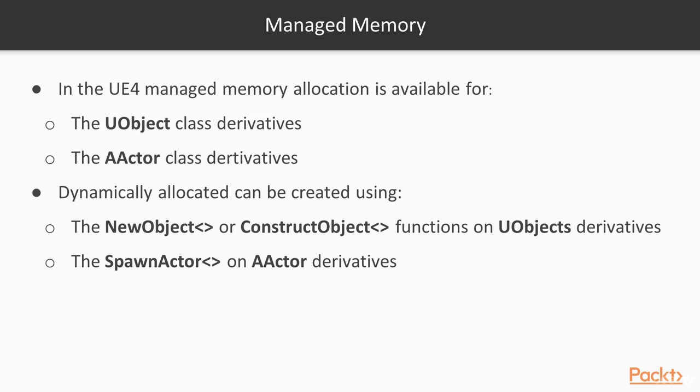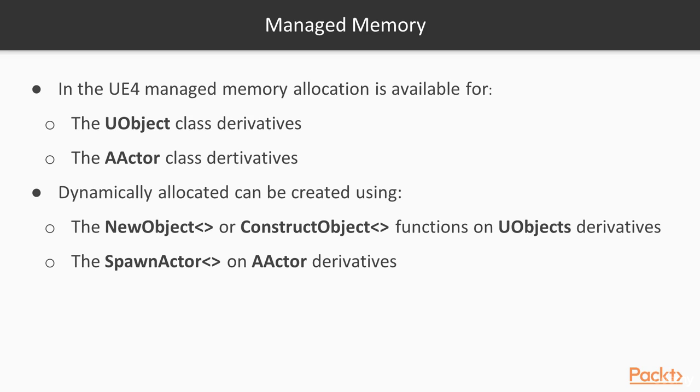Now that we have learned about managed and unmanaged memory and the pros and cons of each, either using the new and delete operators or the malloc and free functions to manually allocate memory for your objects and classes, or using the UObject or AActor class types to create default UE4 managed memory classes and objects, we now look at how we can utilize these objects and how you track them in memory.